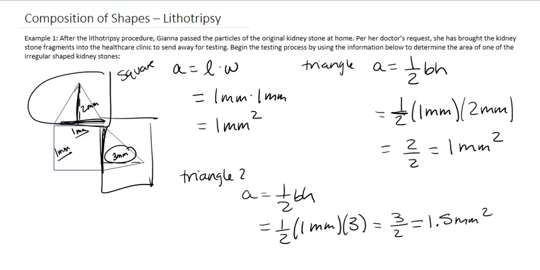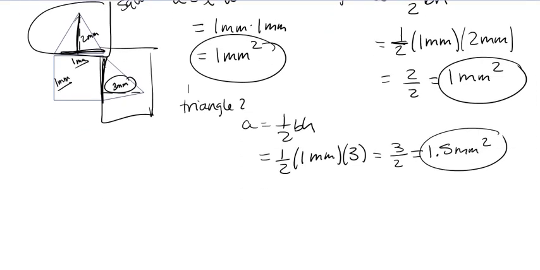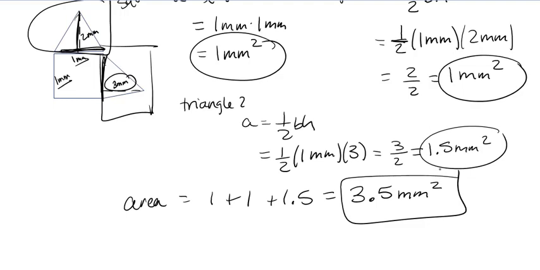And then our final step is to add these 3 numbers together. So 1 plus 1 plus 1.5 is equal to 3.5 milliliters squared. So this is the area of our irregular shape.